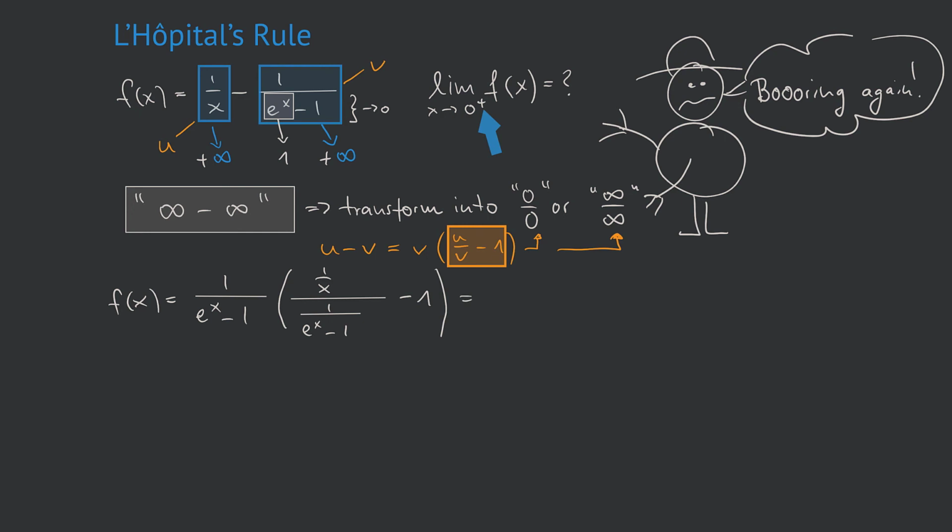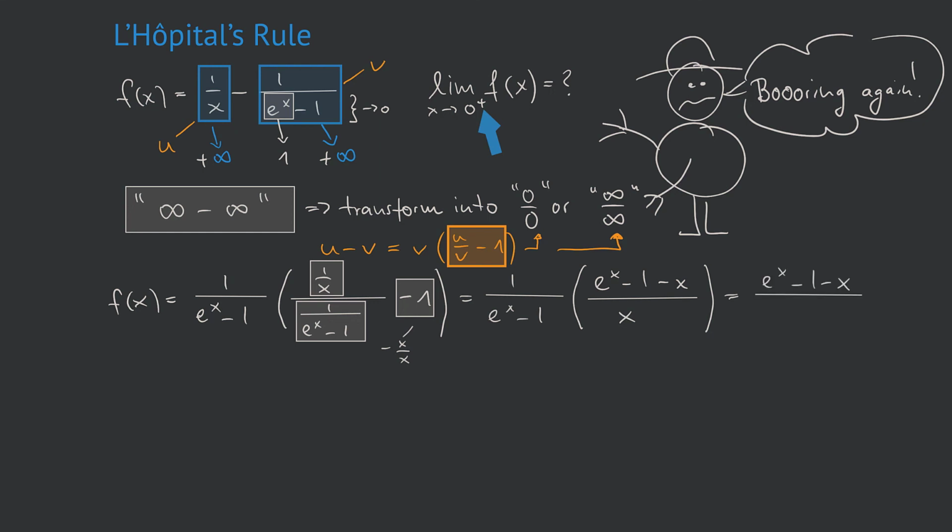We can simplify this into 1 over e to the power of x minus 1 times, and now I interchange this numerator and this denominator by taking their inverse values. And we have e to the power of x minus 1 over x. And if I think of this minus 1 as a minus x over x, I can just add another minus x here in the numerator. And now I multiply the two fractions, which gives e to the power of x minus 1 minus x over x times e to the power of x minus 1.